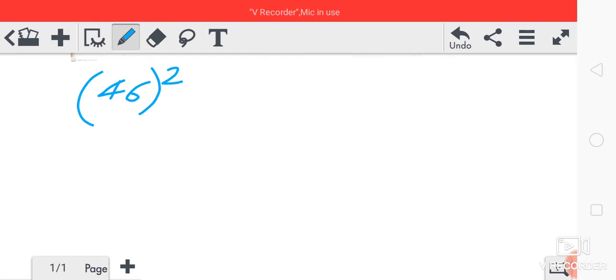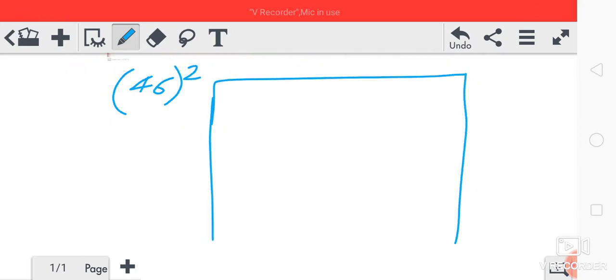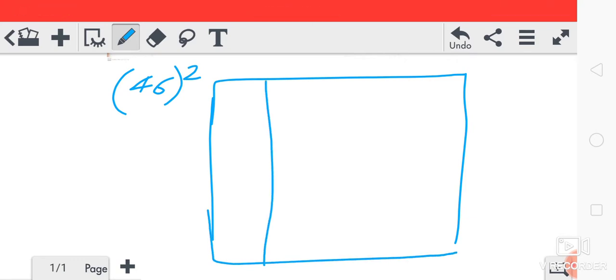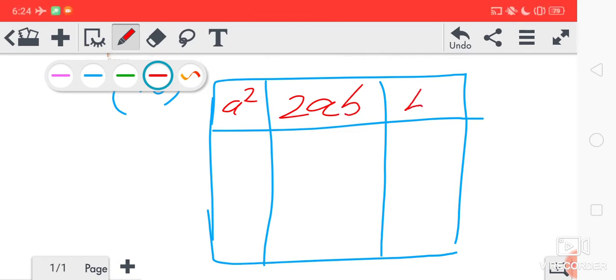First of all we have to make a column, and inside the column we have to write a square, 2ab, and b square, as per the formula a square plus 2ab plus b square.